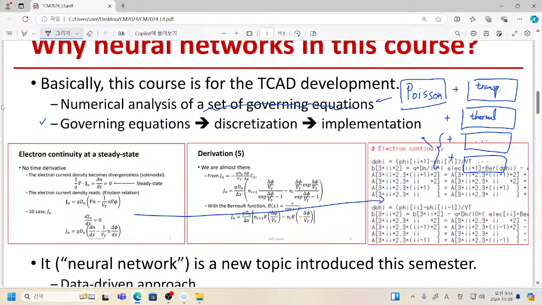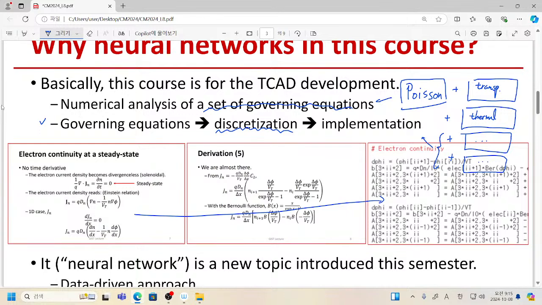More or less, this is not identified by yourself, but usually when you select a certain model or problem, then the governing equations are known to you. The next step is discretization.